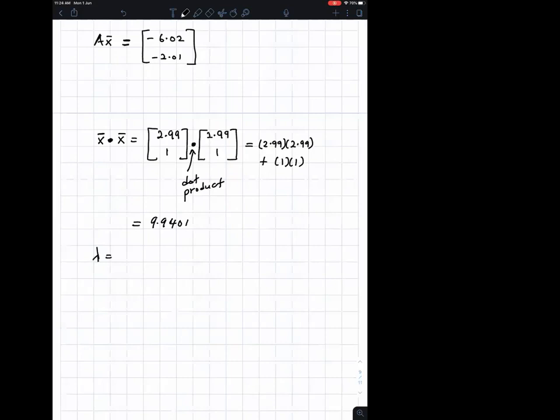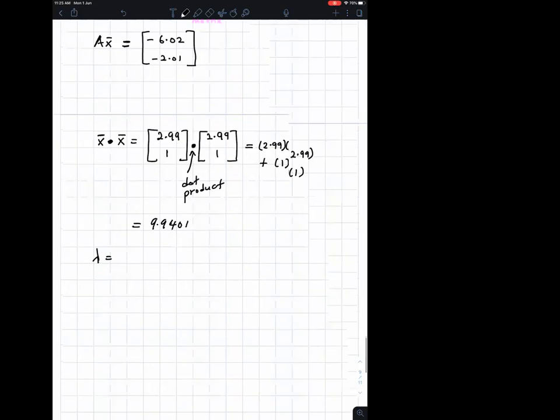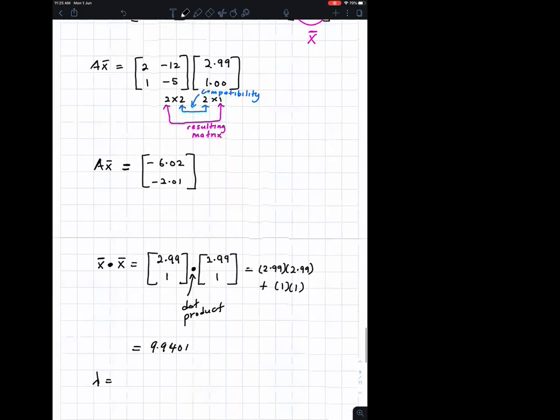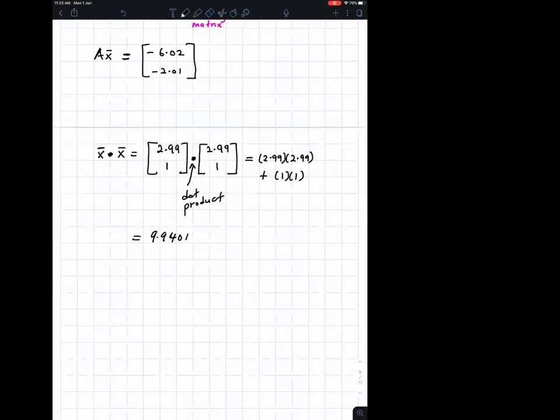Next, we also have to find this AX bar dot with X bar.